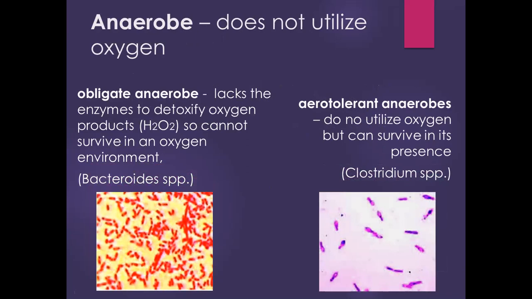Obligate anaerobic bacteria don't utilize oxygen, and moreover, oxygen can kill them. These bacteria have no enzymes to detoxify hydrogen peroxide, the toxic substance. You know that we use H2O2 as an antiseptic in medicine. Due to metabolic processes, the substance accumulates inside the cell and eventually kills them.